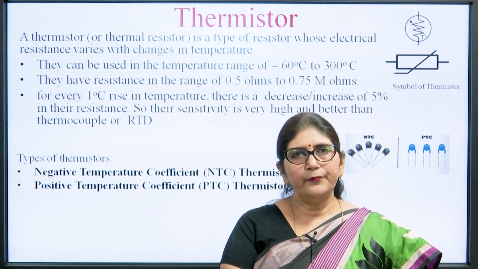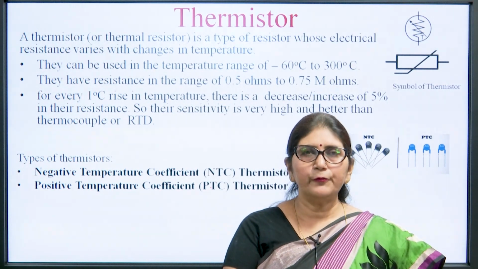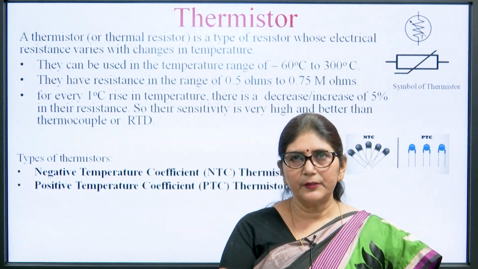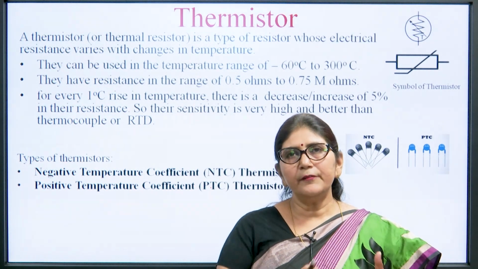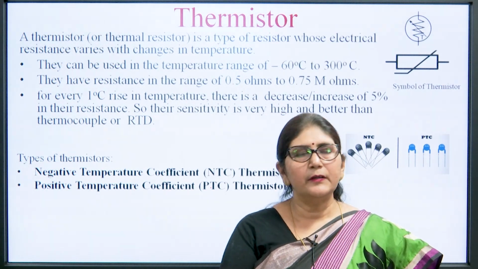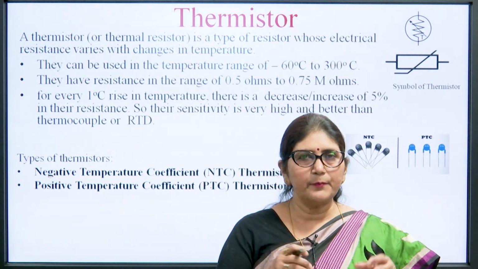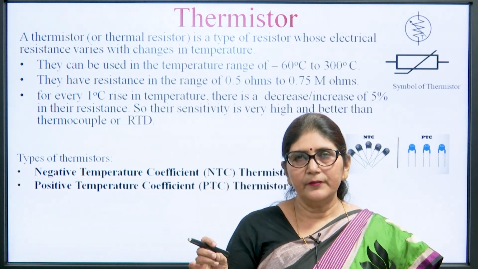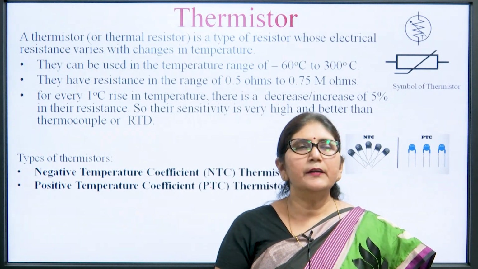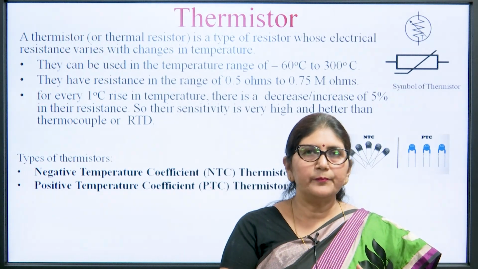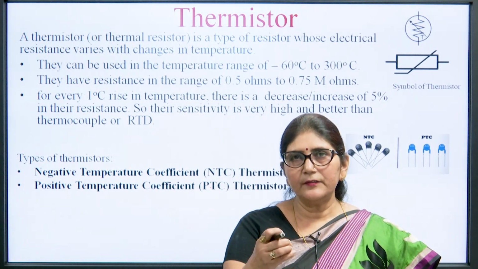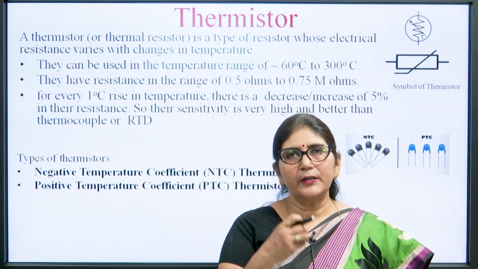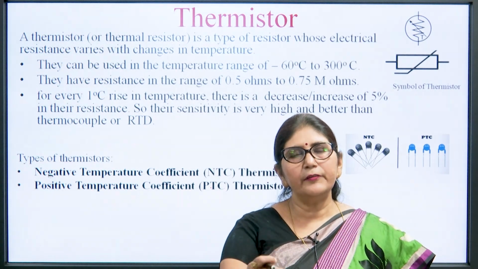And then the types of thermistor. Thermistors are of 2 types: negative temperature coefficient and positive temperature coefficient. In a negative temperature coefficient thermistor, when the temperature increases, the resistance decreases, because in a semiconductor when temperature increases, more electrons are produced and so the conductivity increases.